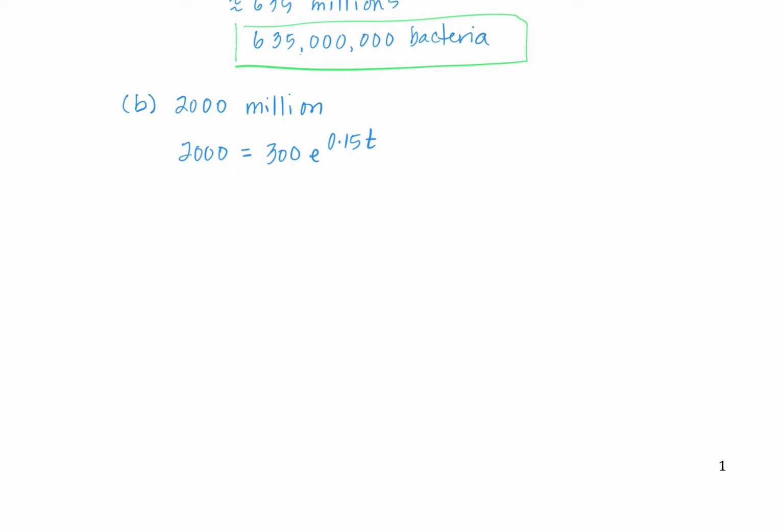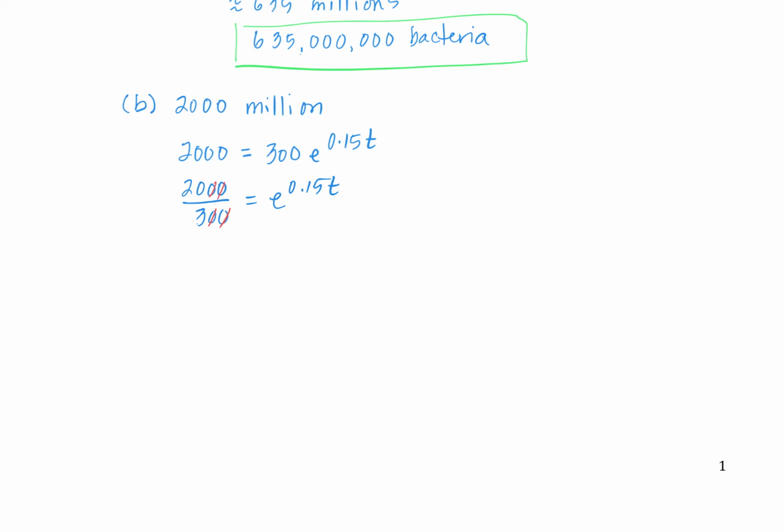I can divide both sides by 300 to get 2,000 over 300 equal to e to the 0.15t. So my goal here is just to get t equal to some number. And I can see that this will reduce to 20 over 3.